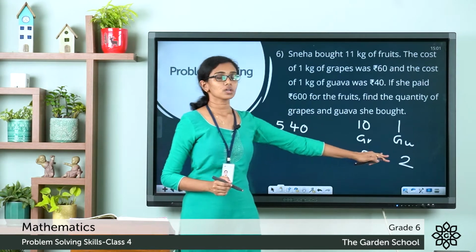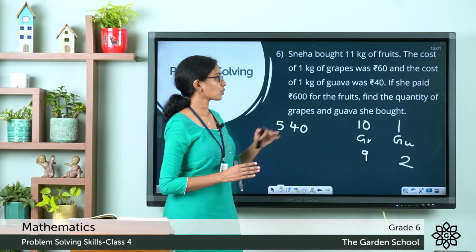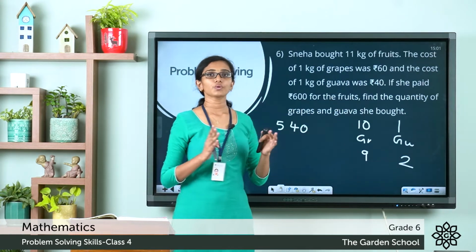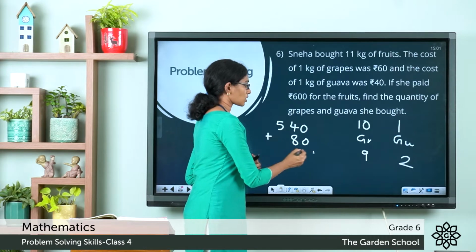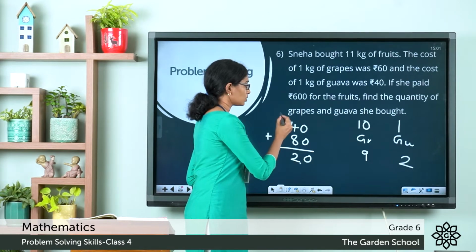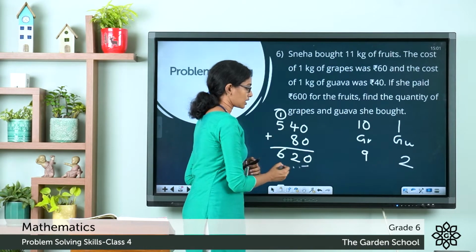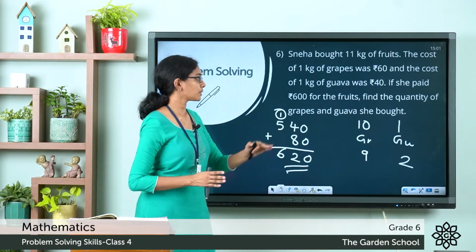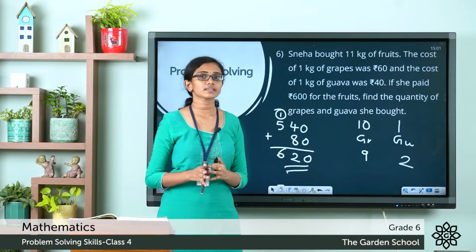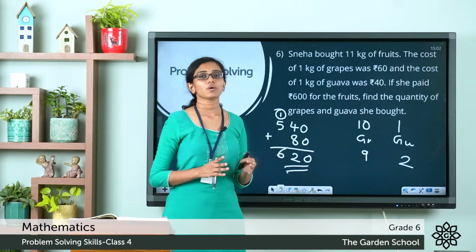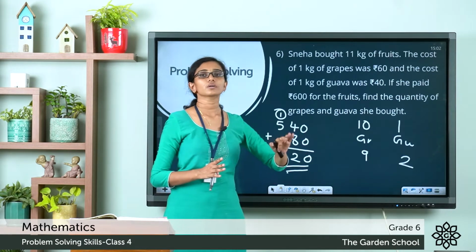Then 2 kg of guava will cost her 2 into 40, which is equal to 80 rupees. So what would be the total amount? The total amount would be rupees 620. But she only paid rupees 600 for buying these fruits. So we cannot take the combination of 9 kg of grapes and 2 kg of guava.